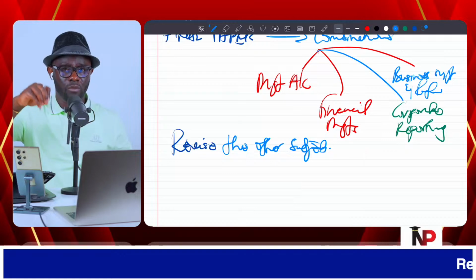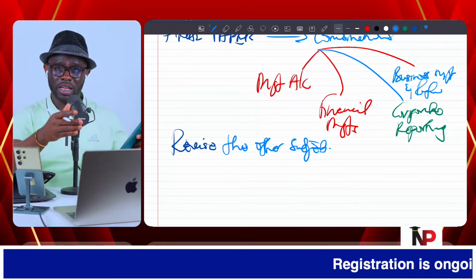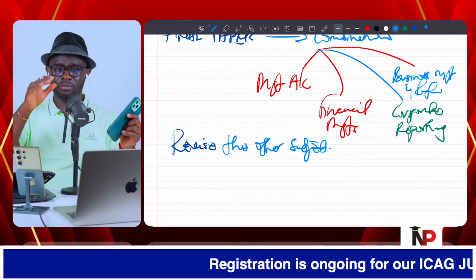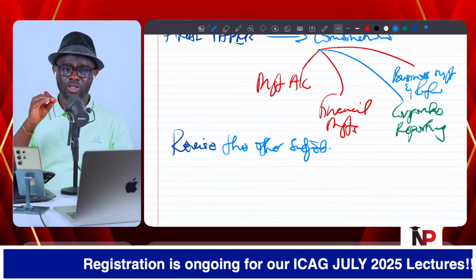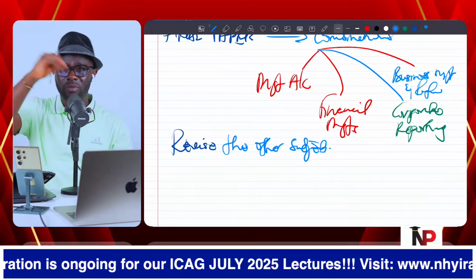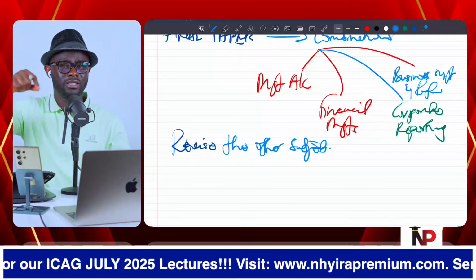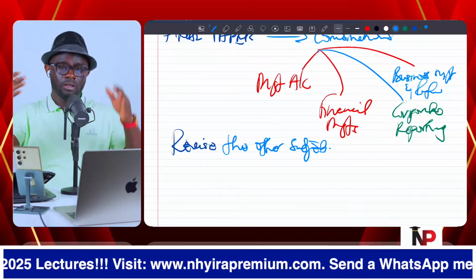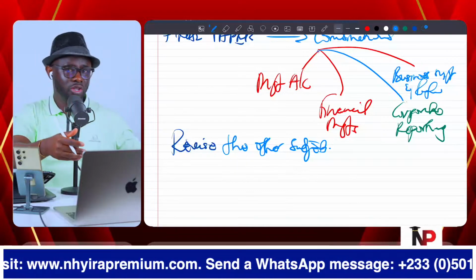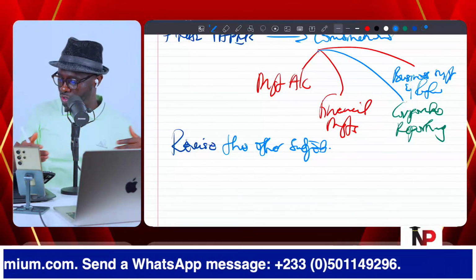So those key topics that you must understand under management accounting, financial management, introduction, business management and information system level 1. All those basic issues that you need to understand, we have them and are adding videos about them continuously.